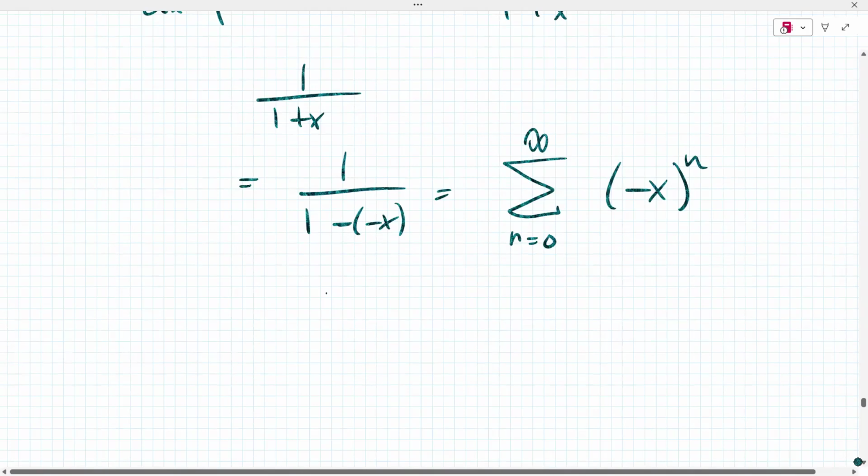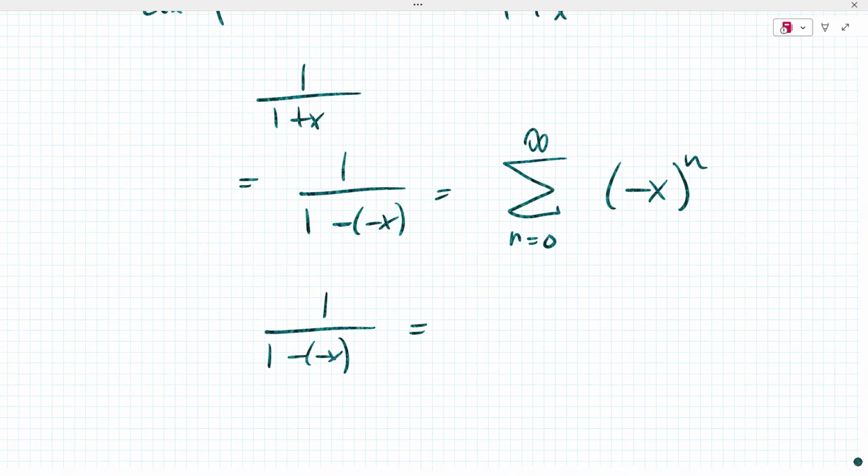We get the summation n equals 0 to infinity of negative 1 raised to the n times x^n.